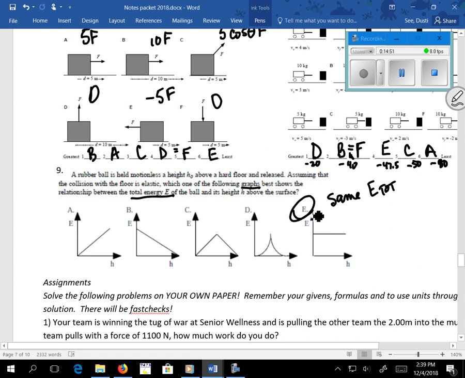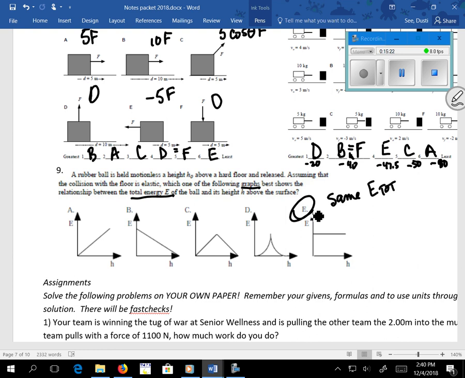All right. So you really have to think about what it's asking you to solve for. Had it been a graph looking for my potential energy as the height changed, then B would have been a better one. Actually, that's not even a good way of saying it, because that's showing that the potential energy goes down as the height goes up.